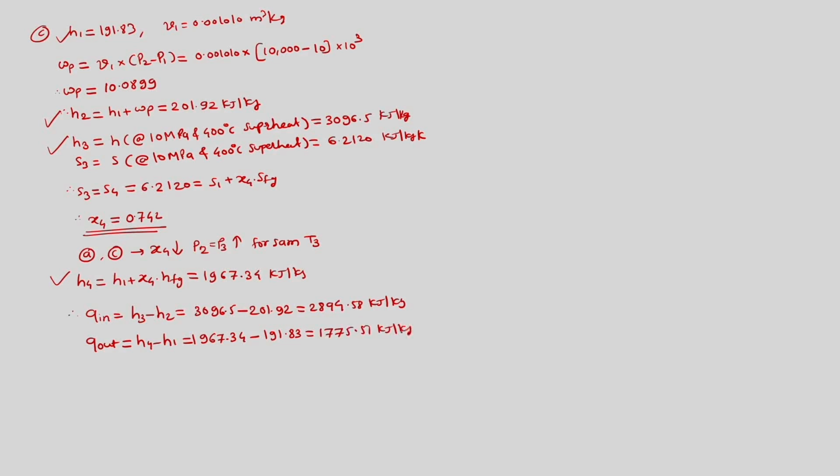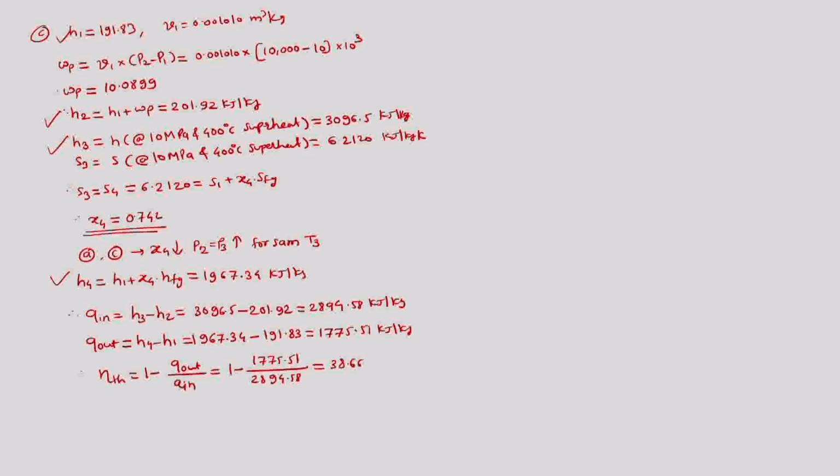So it is 1775.51 kilojoule per kg. So we have thermal efficiency as 1 minus Q out upon Q in, which is 1 minus 1775.51 divided by 2894.58, and this gives us efficiency as 38.66%. So this is our efficiency.